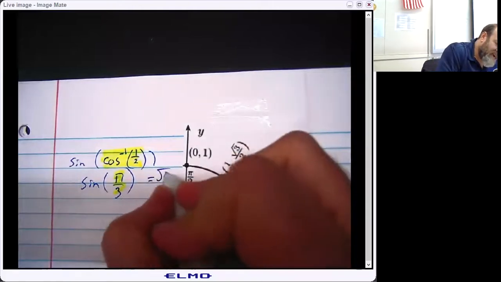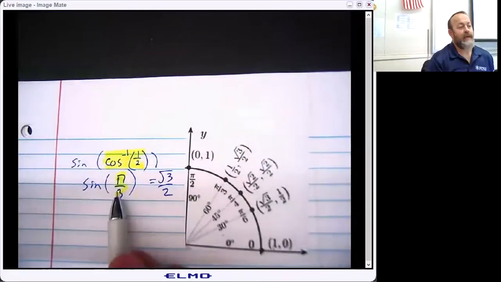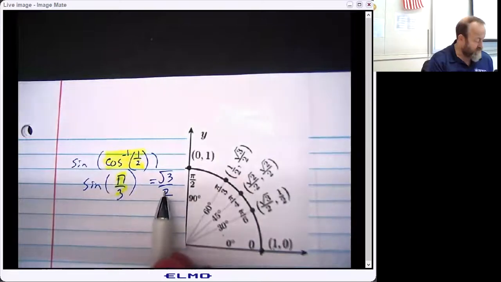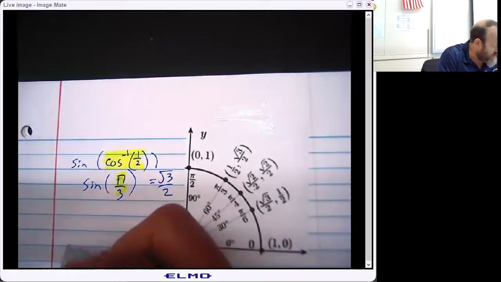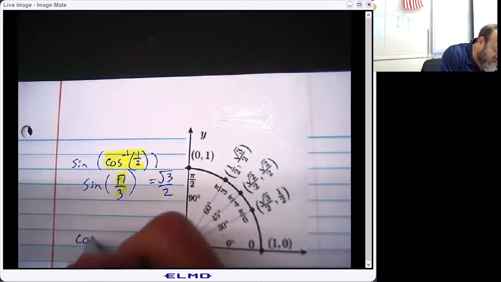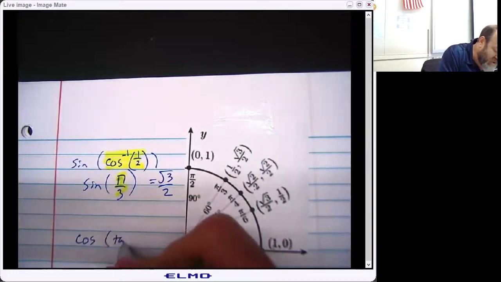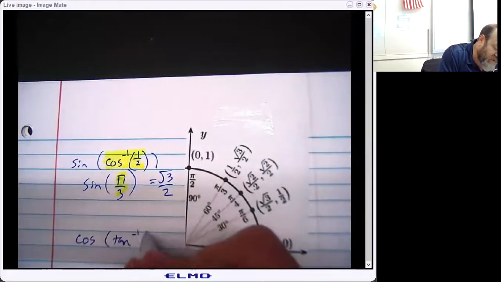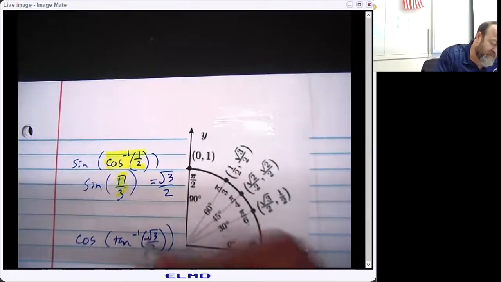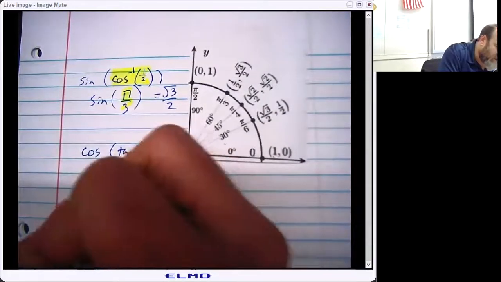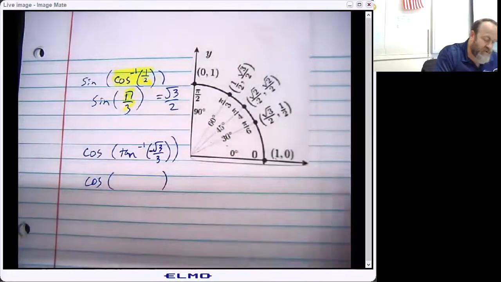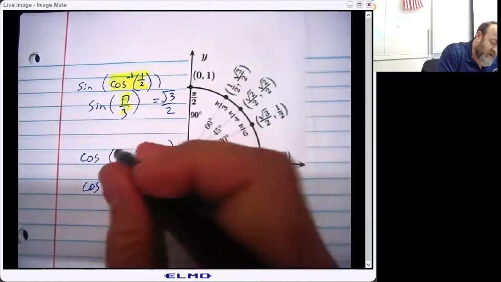So we had a brief stop off to find the angle, and then we utilized that angle to find the ratio. Let's try that again. Let's imagine now that I asked you for the cosine of the tangent inverse of √3/3. In fact, I'm going to make that a -1 because I don't want to make the video too long. Remember that the answer to an inverse trig function is the angle.